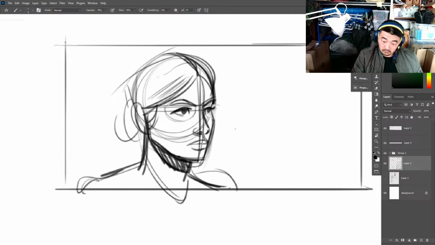Hair. You gotta do hair in layers. Or I shouldn't say layers, it should be more like clumps.